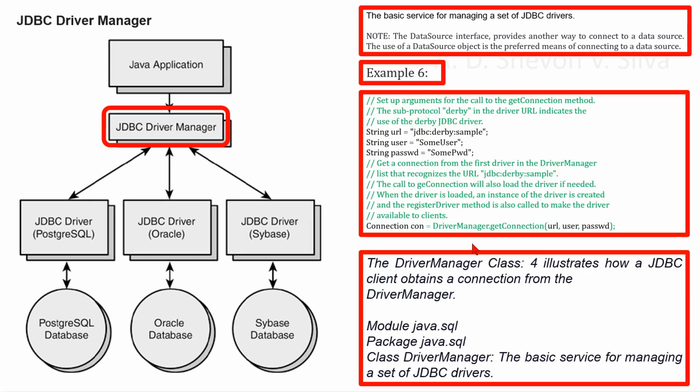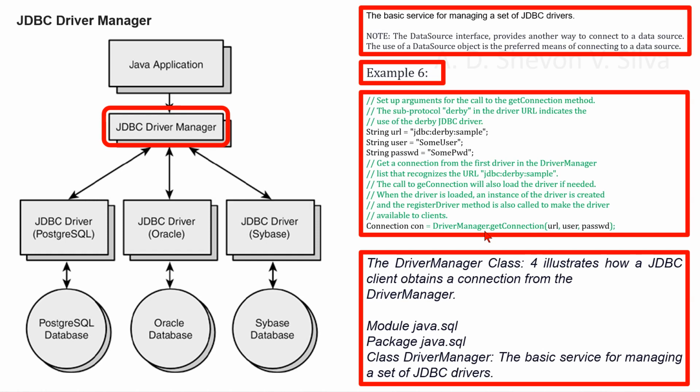Now we are considering the DriverManager class. This code illustrates how a JDBC client obtains a connection from the driver manager. The class DriverManager is in package java.sql in module java.sql, the basic service for managing a set of JDBC drivers.